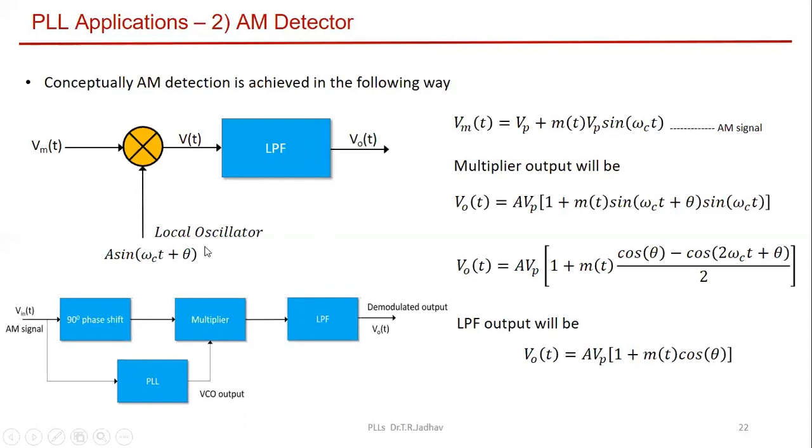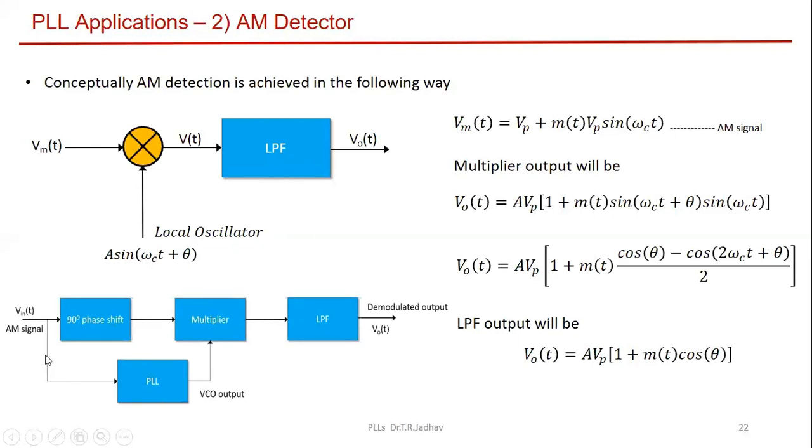So what have we added here? We are using the PLL as a local oscillator. That's it. Conceptually, the block diagram is very simple. We have a multiplier block, a low pass filter block, and then we have used the PLL as a local oscillator. How the PLL generates the local oscillations is this, equal to the carrier frequency.